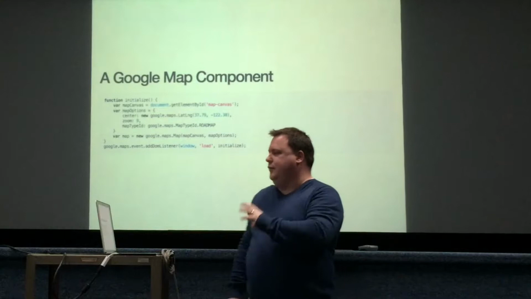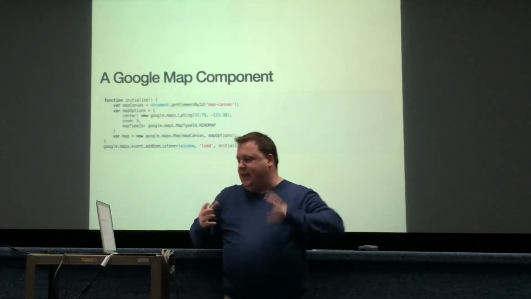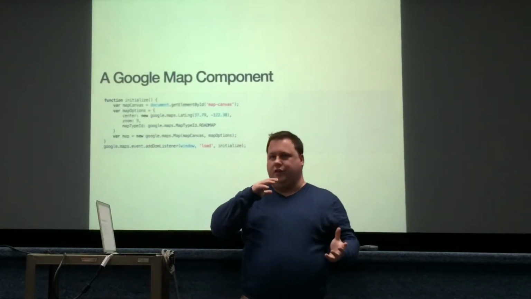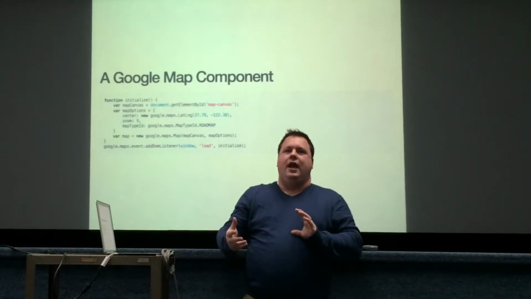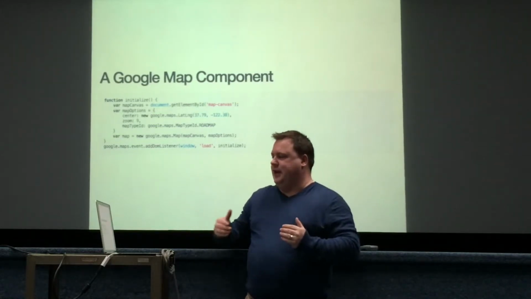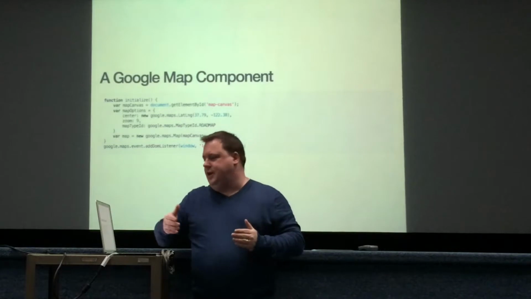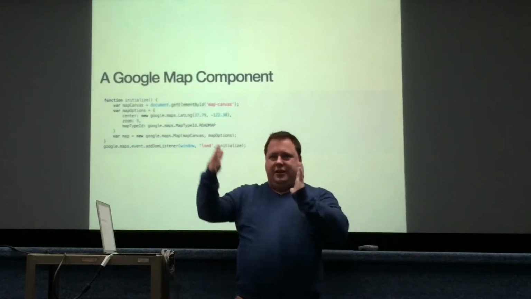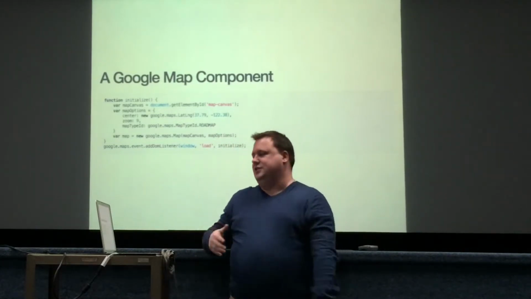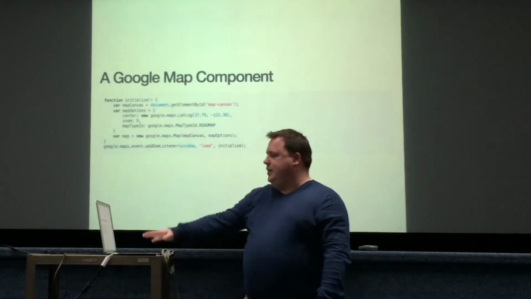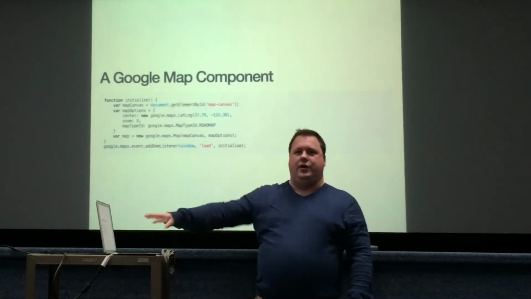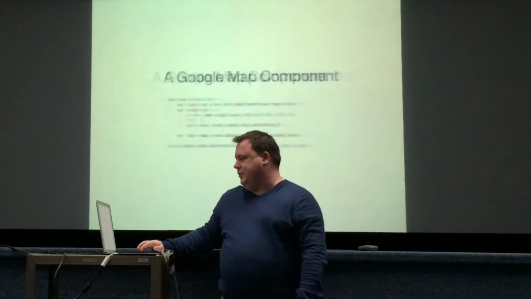In this case, I defined a function called initialize. In that initialize, you use the google global variable, and it'll have a bunch of namespaces on it. In this case, google.maps, which then has some variables and some functions that you have to use. And this is the minimum you need to do to make a map and have it pointed at a place. These two things right here.